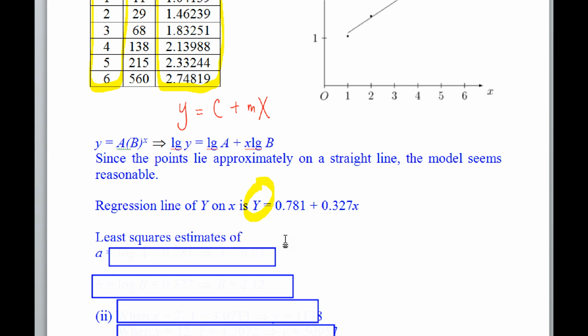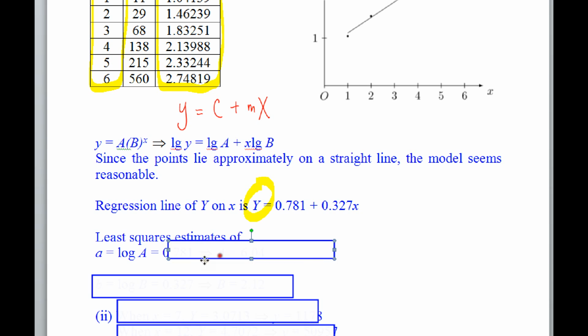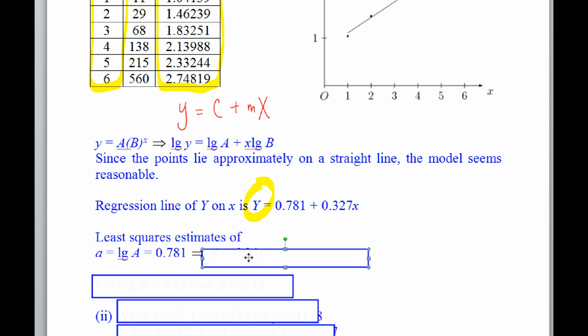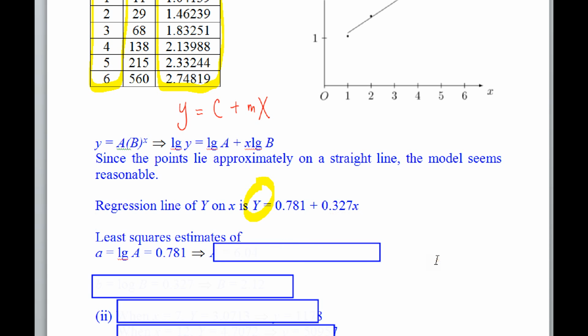Sorry, this one must be log. Okay, log A is actually 0.781. Log B is actually 0.327.